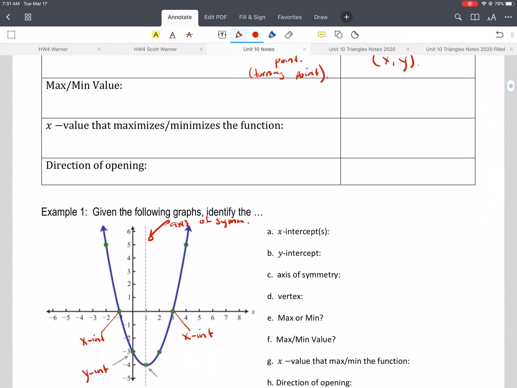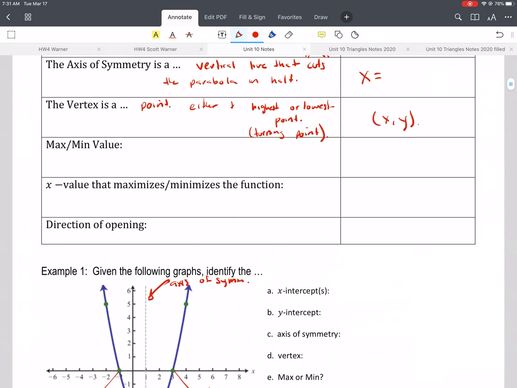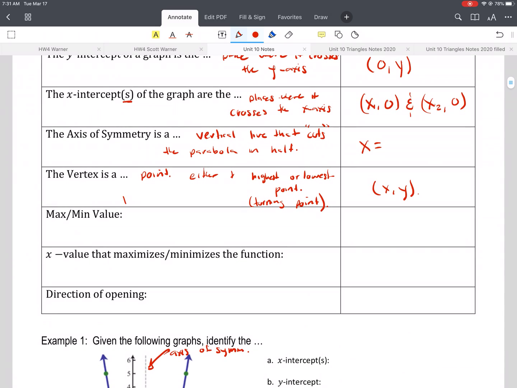And the vertex for here, this would be the vertex. It's the point where on this side it's a negative slope, here it's a positive slope, and at the vertex the slope would be 0. So it's right in the middle. It's always part of the axis of symmetry. Maybe we'll write that there: on the axis of symmetry.